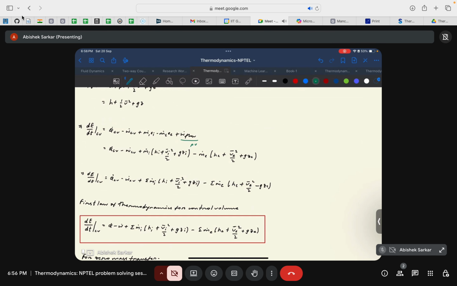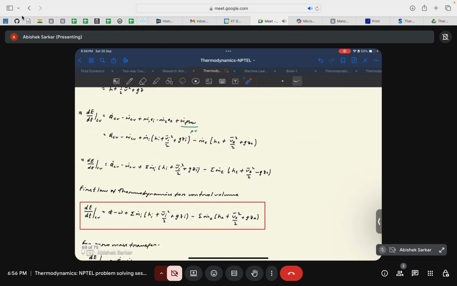We can incorporate this in the mass influx and mass efflux terms and write it in terms of enthalpy, as shown here. So this will have your U plus PV; to be specific, it will have Ui plus Pi vi, and Ue plus Pe ve.